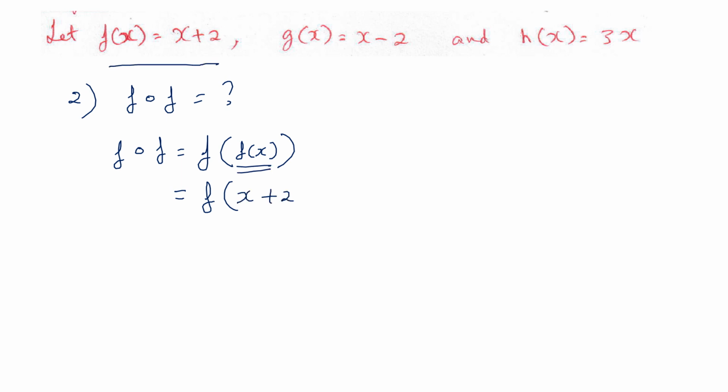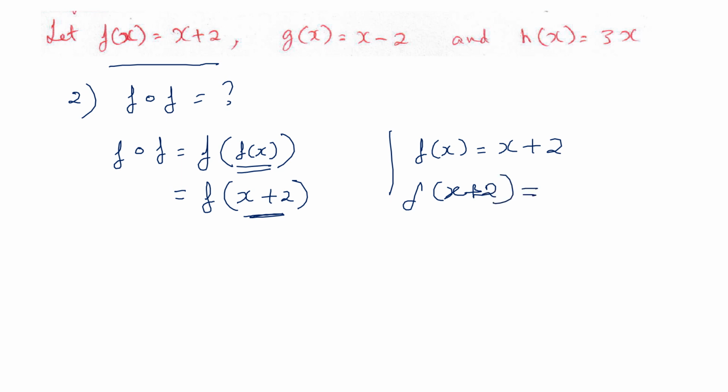We know that f of x is equal to x plus 2. Now we have this term as x plus 2, so this entire term has to be taken as x. What we want here is f of x plus 2.